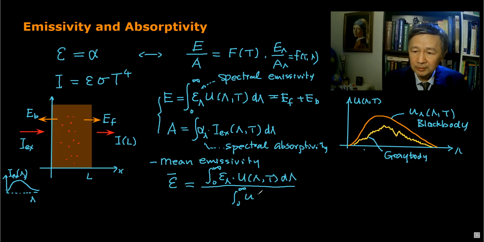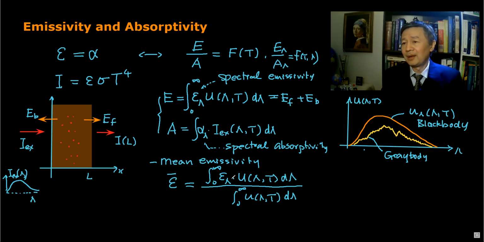That is u lambda T d lambda. Do you remember? This integral gives you the Stefan-Boltzmann law from the previous talk. So that is the definition of the mean emissivity. Also, you can consider that a relation between the general emissivity and the spectral emissivity.